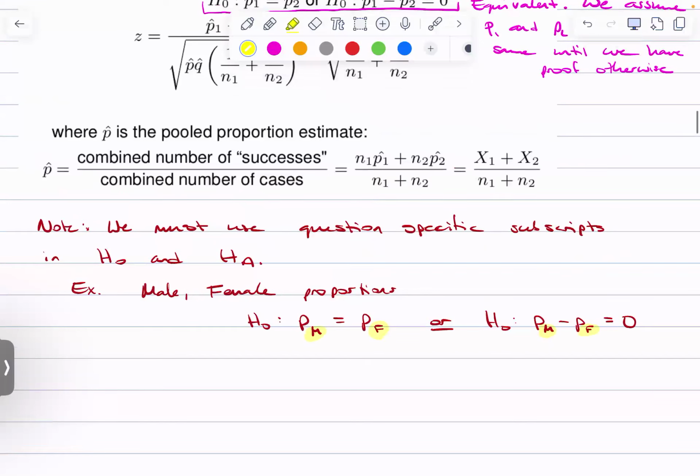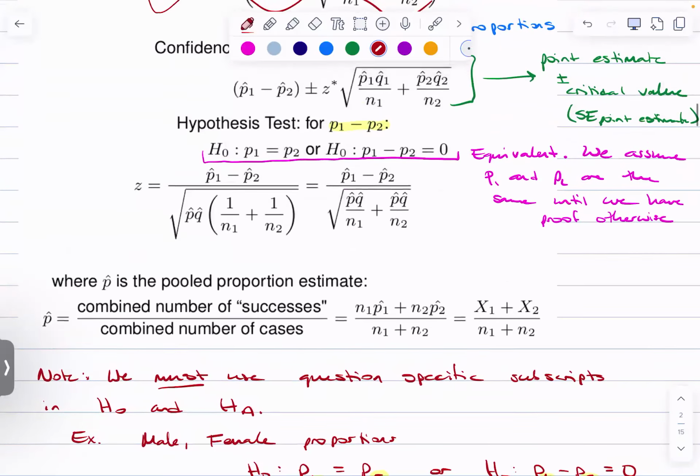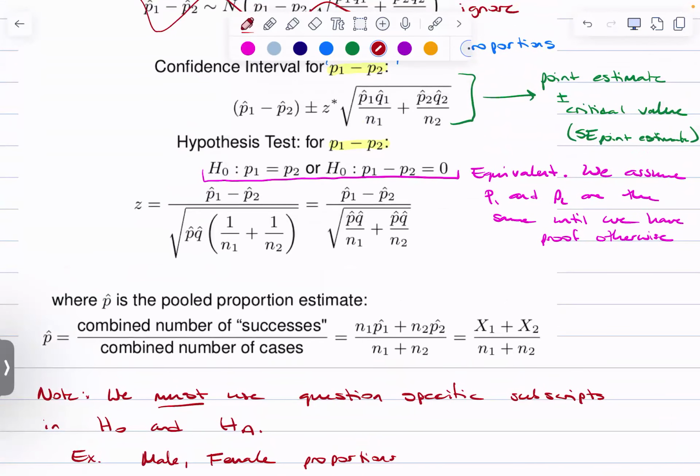But we must use question-specific subscripts in your hypotheses. That's step 1 of setting up your hypothesis testing.